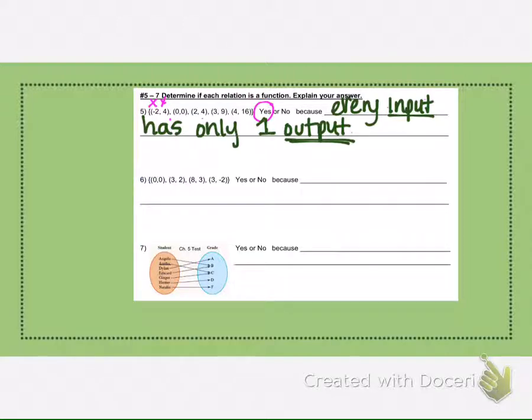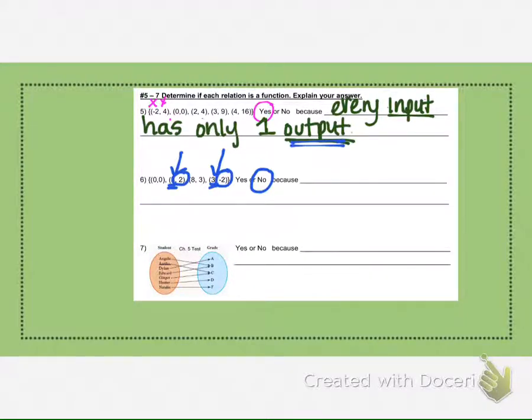So if we look at example 6, does every input have only one output? So in this problem, no. If we look at when x is 3, so if we let the first number be x, it doesn't have one output. Here it has a 2, and here it has a negative 2. That's two different outputs.